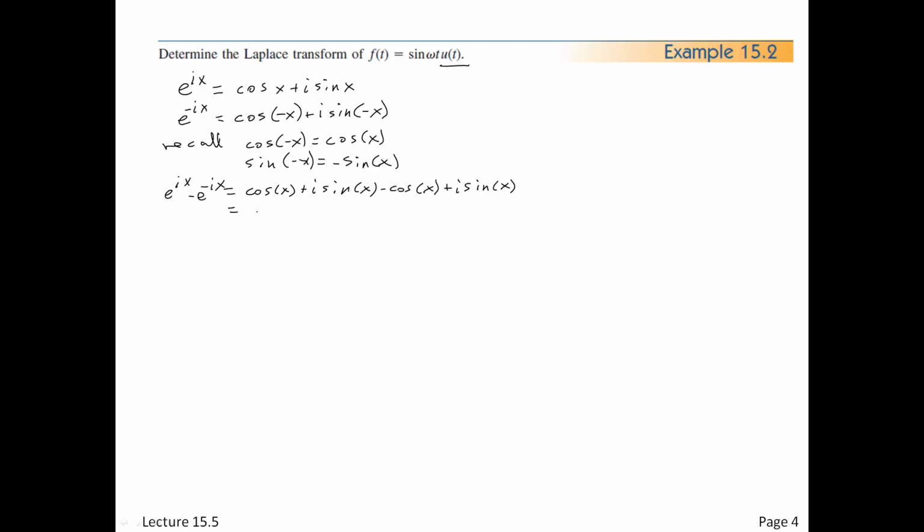So this is equal then to, the cosine terms cancel, and I'm left with 2i sine of x, right? And if I divide both sides of this by 2i, I have e to the ix minus e to the minus ix over 2i is equal to the sine of x.